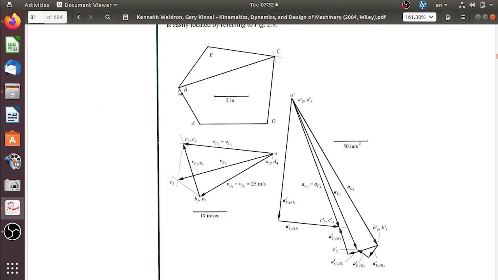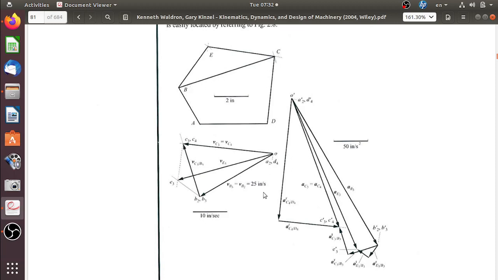Now I need to identify the acceleration of this point C. Once again, from B to C we will have two components, one radial and another tangential. For the radial component we know the information: we know omega 3, the omega of this link, which we can calculate from the velocity diagram. It is nothing but this relative velocity divided by this length.